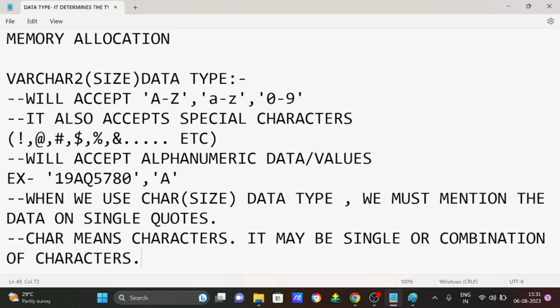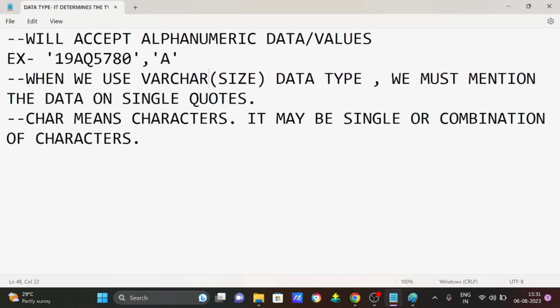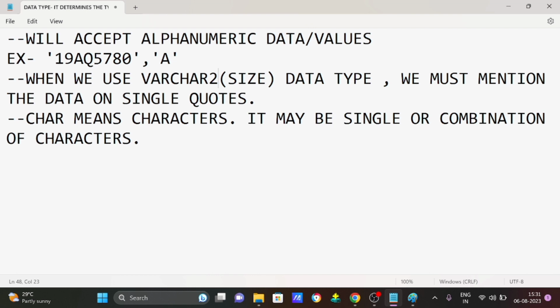It accepts special characters, accepts alphanumeric value or data. When we use varchar2 of size data type, the data should be mentioned in single quotes. Char means characters. It may be single or combination of characters, just like the previous two data types.